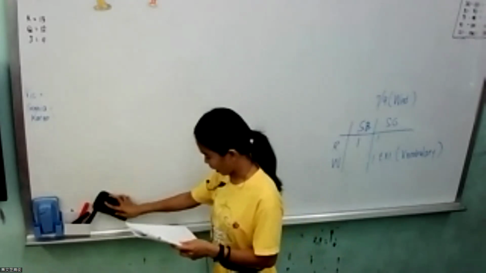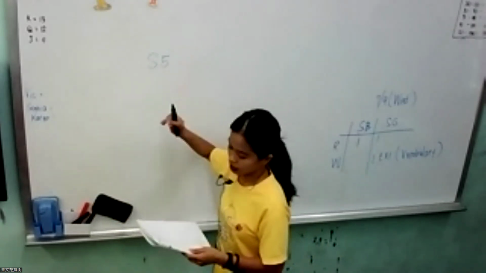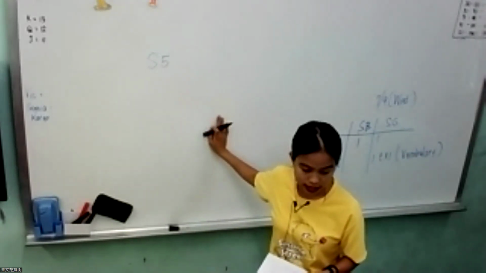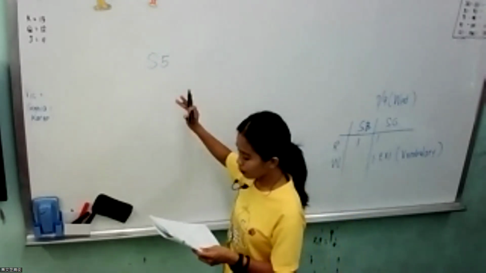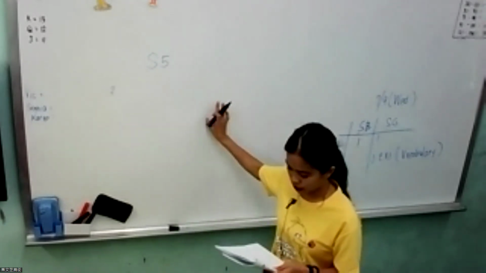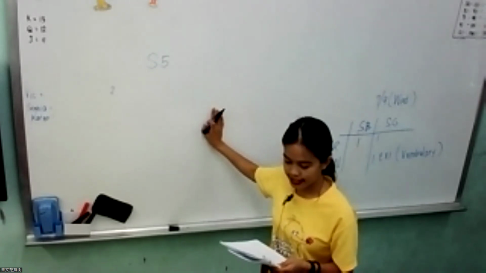Okay, on S5, can you go back to S5? Number 1, is your answer correct? Number 1, I think you don't have a problem with that. With number 2, Chris blanked, 2 raccoons joined him for dinner. What is the answer?